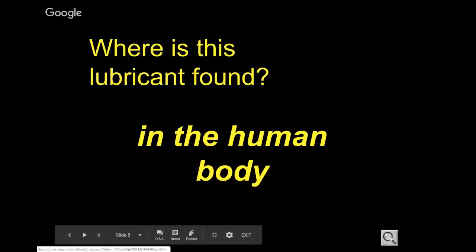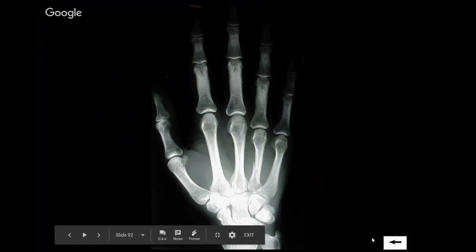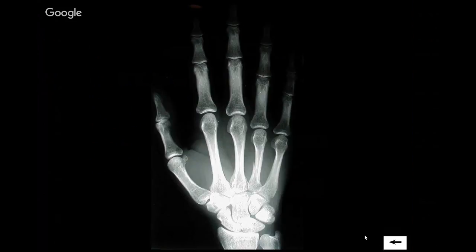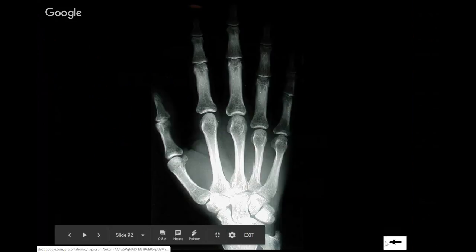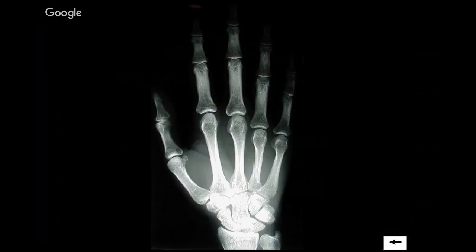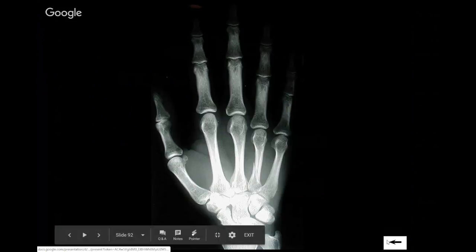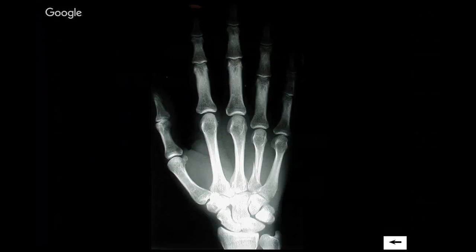In fact, it's basically the chemical that's in your joints. And when that's not at peak efficiency, we call it arthritis. So check that out. With all the high tech we have, isn't it wild that the best lubricant we know today is actually in a creation of God?